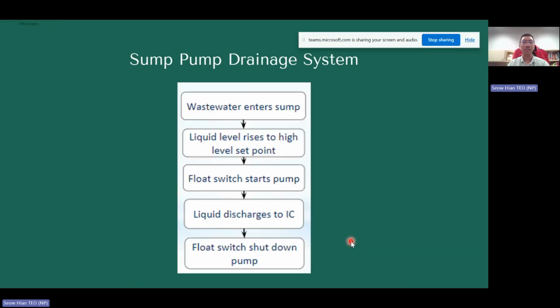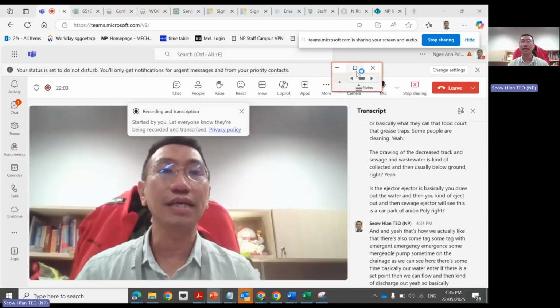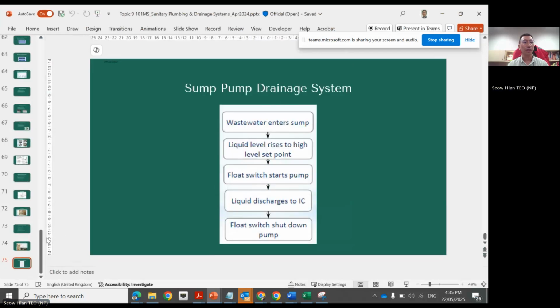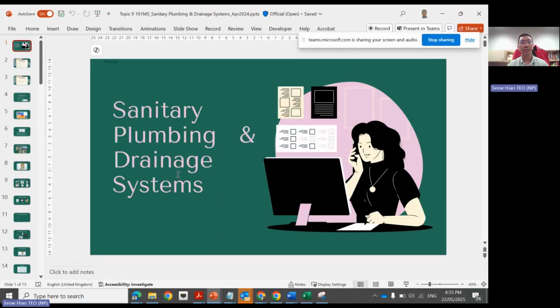Sometimes water enters, and if there is a set point, it will flow and discharge out. So basically, that is the topic about plumbing and drainage systems.